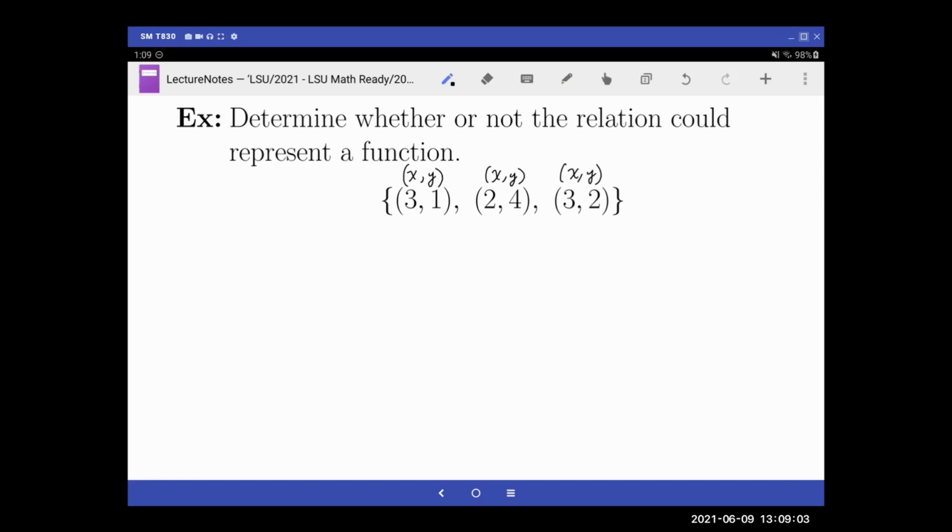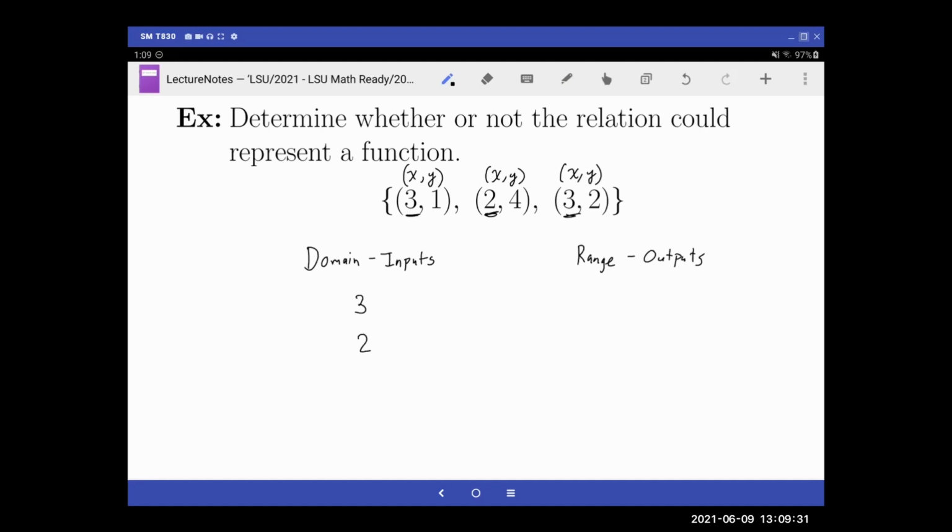And we'll talk about the definition in a second. Let's say we have our domain. Remember, that's our inputs. We have our range, or our outputs. And our domain would be 3, 2, and 3. Okay, 3 happens twice, so I don't need to put it twice.